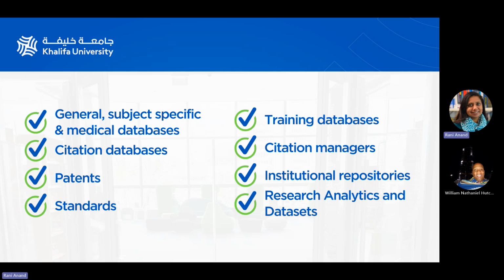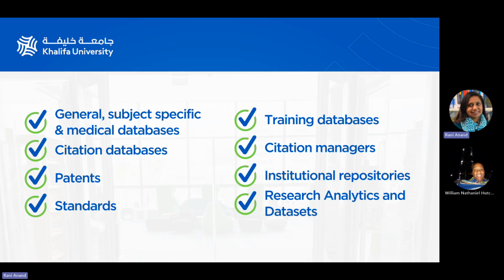You will be able to refer to the dissertations and theses from all universities, not only Khalifa University. And Khalifa University has an institutional repository which is called Al Khasana. It is available on the library website.